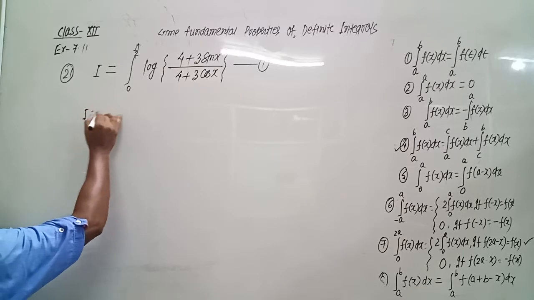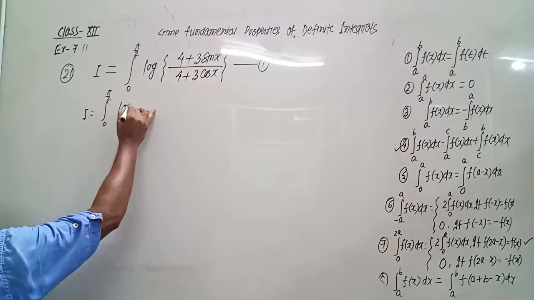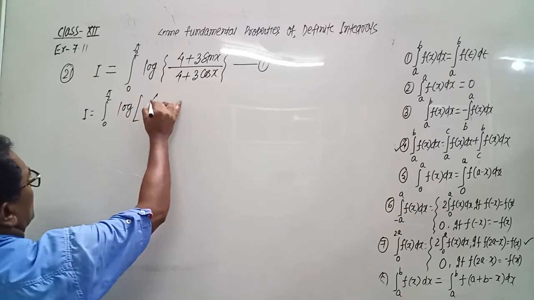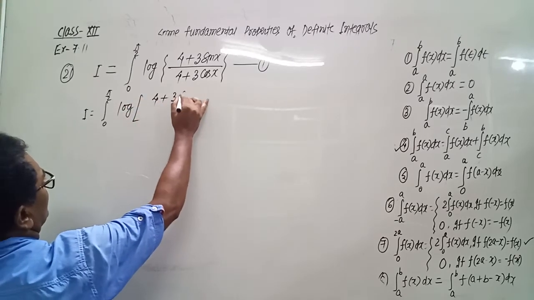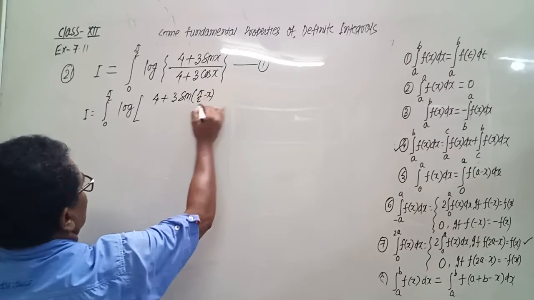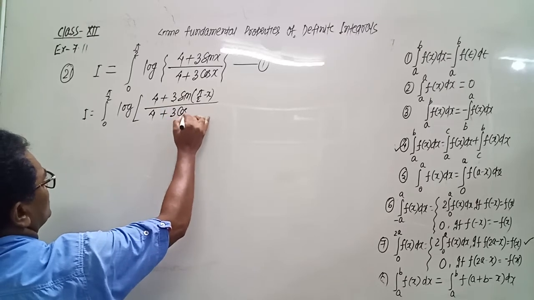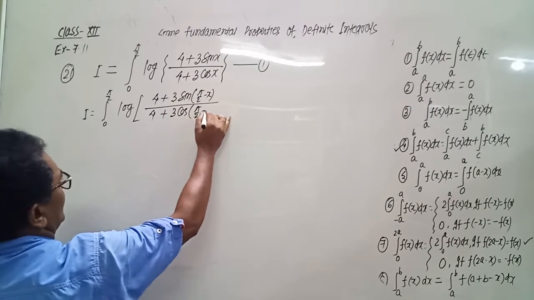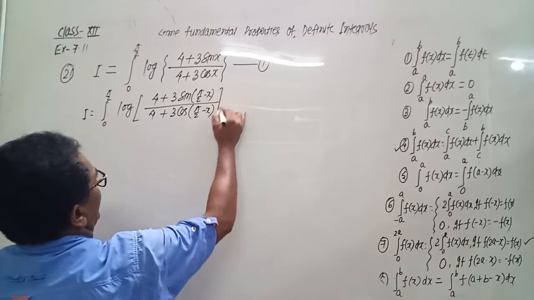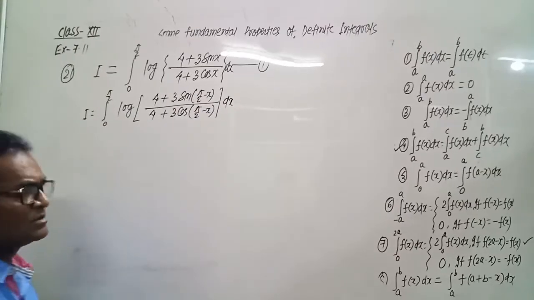So I equals the integral from 0 to pi by 2 of log of (4 plus 3 sin of (pi by 2 minus x)) upon (4 plus 3 cos of (pi by 2 minus x)), dx.